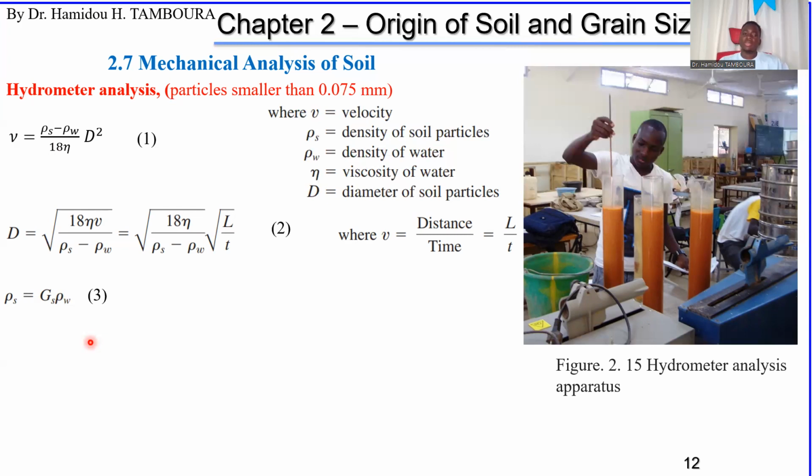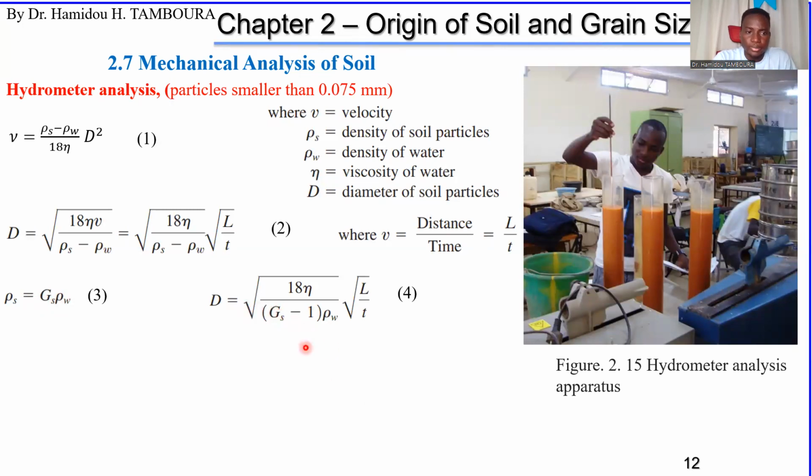So from that formula, we can say that the density of the soil particle is just the specific gravity multiplied by the density of water. And then we can replace this in here, the density of the particle. If we do that, we can rewrite this formula to this one, equation number 4.